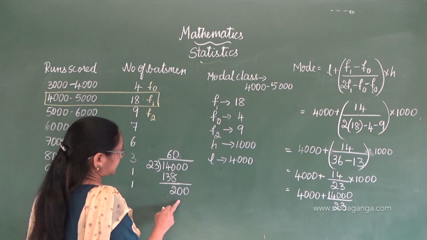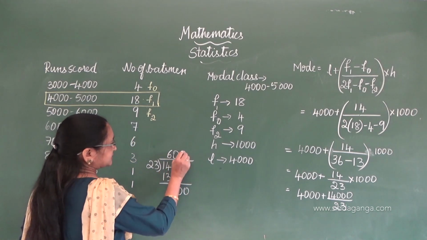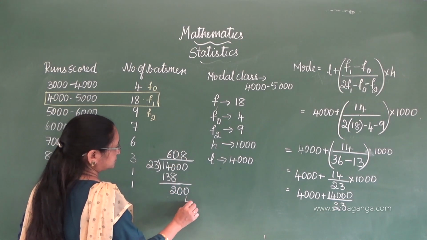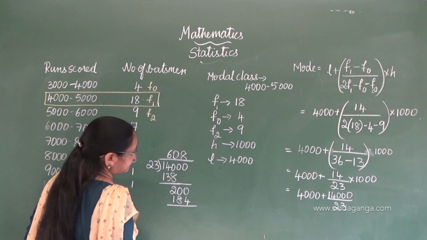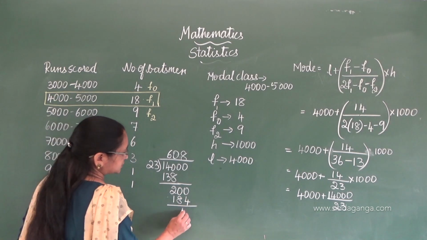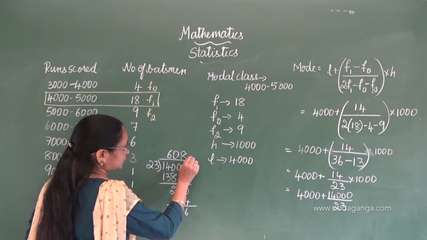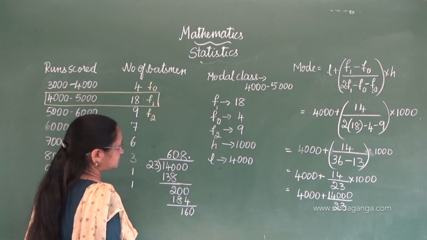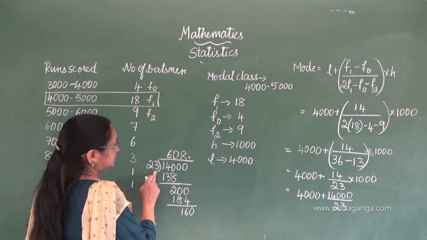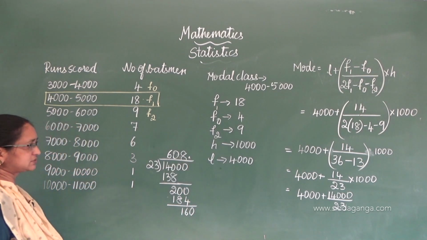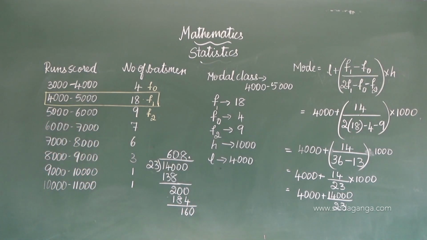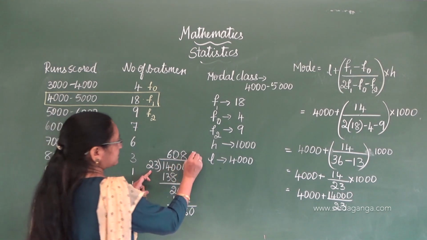Next 23 into 8, 6 again, or 7 also we can take I think.